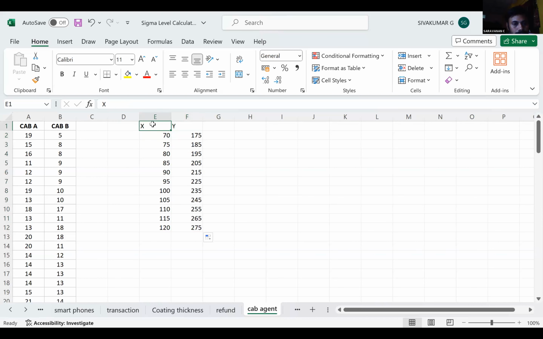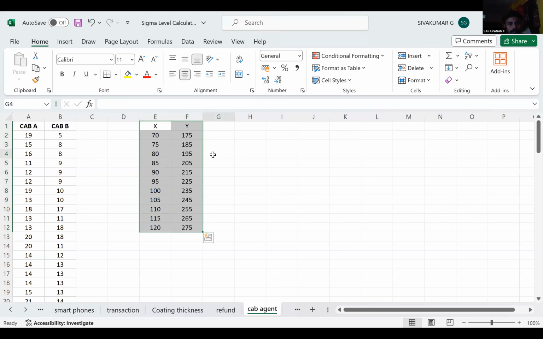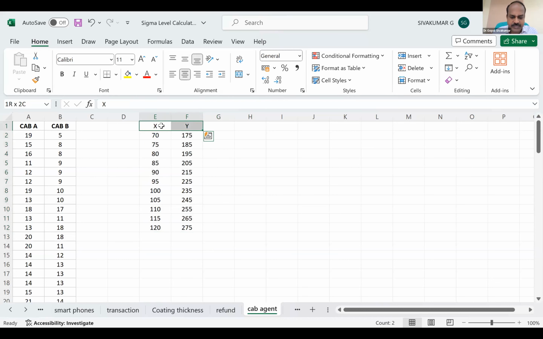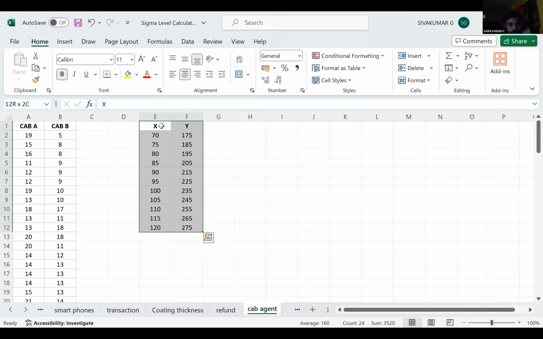See here, I have an X factor and a Y factor, and with the help of the regression equation, I generated the data. The same data I'm copying here. This is only a hypothetical scenario. I'm simply generating data and taking you through it.